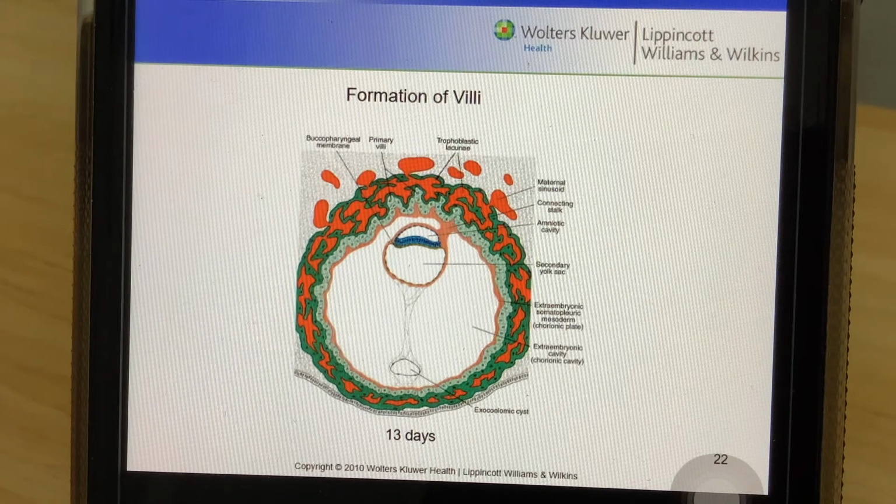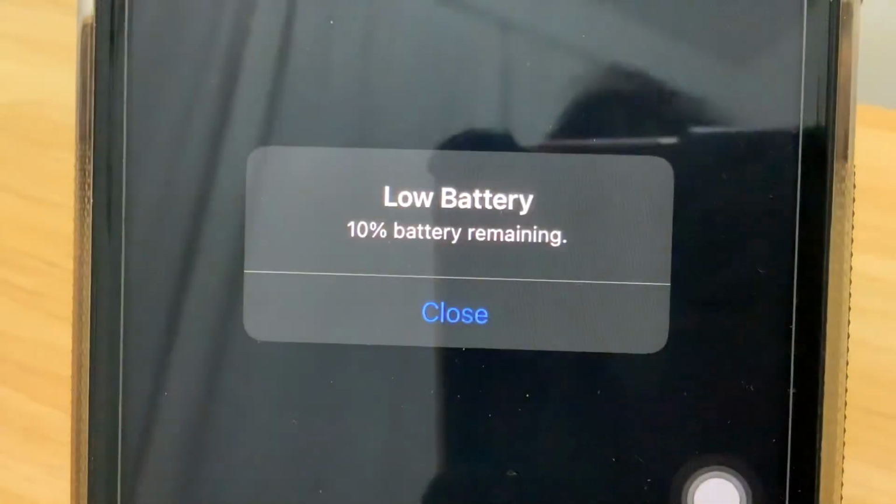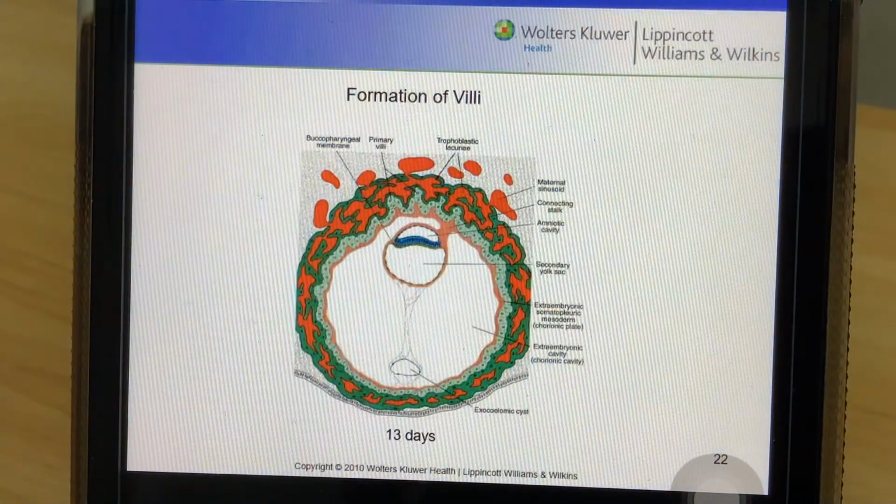This is the illustration showing the continued placental development and formation of the villi. So by day 13, the finger-like projections called the primary villi, consisting of cytotrophoblast covered with syncytial trophoblast, project into the blood-filled lacunae.